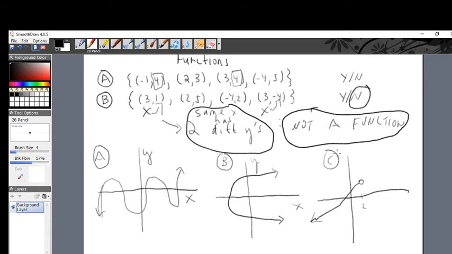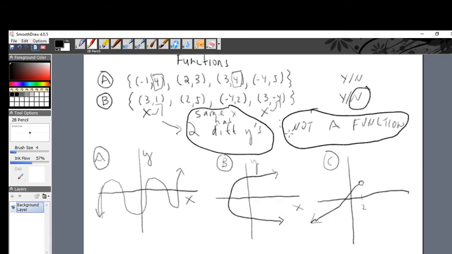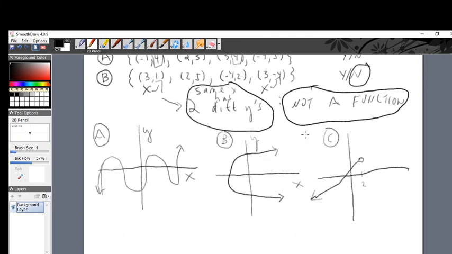So I'm not finished with C. There's a little bit more to C. Over here, the function picks up again, and that's included in the function, and then it goes like that.